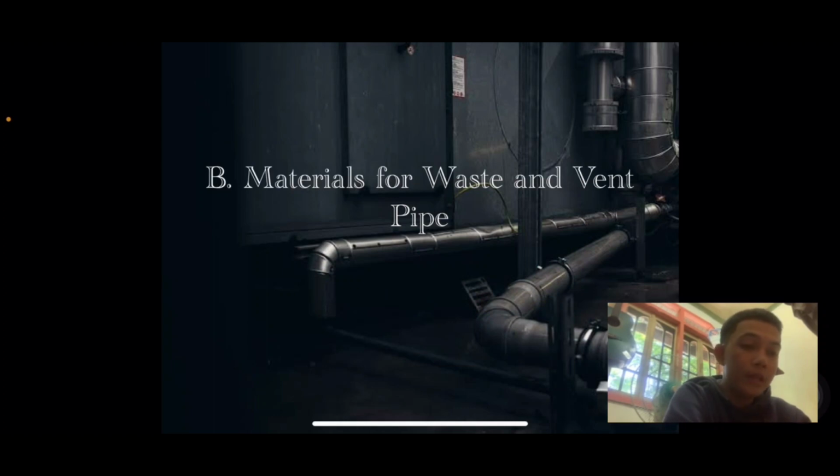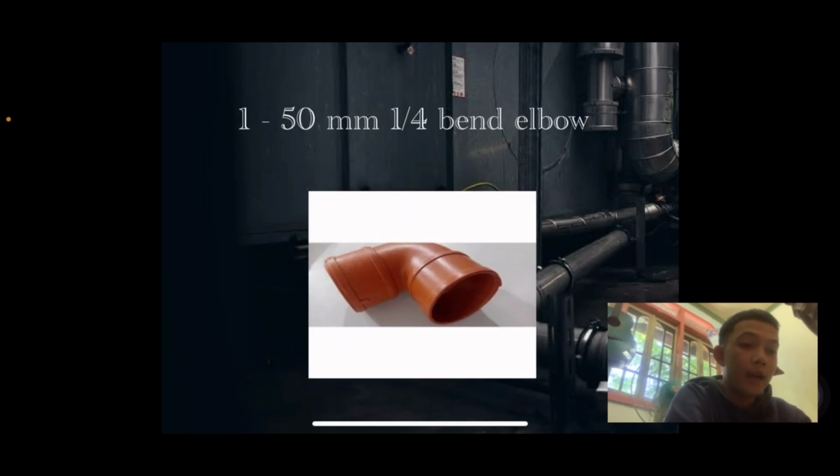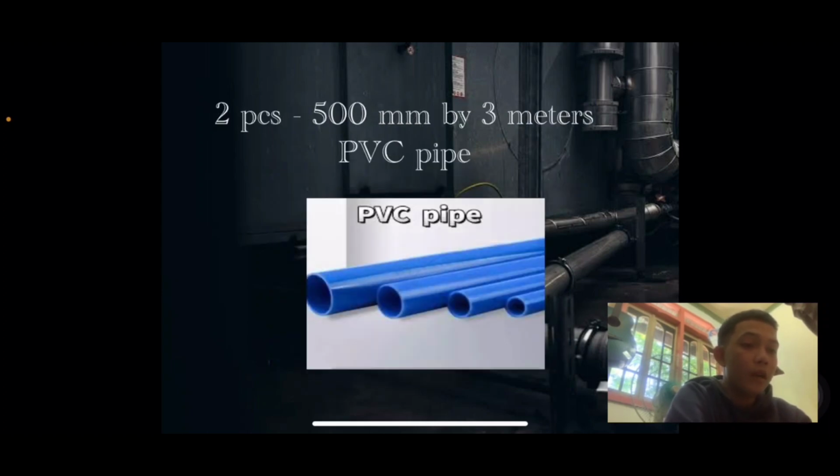So, B is materials for waste and vent pipe. So, ang mga kakailanganin nating materials for waste and vent pipe ay una, dalawang pirasong 50 mm by 50 mm T, 50 mm 1/4 bend elbow, and dalawang pirasong 500 mm by 3 meters PVC pipe.